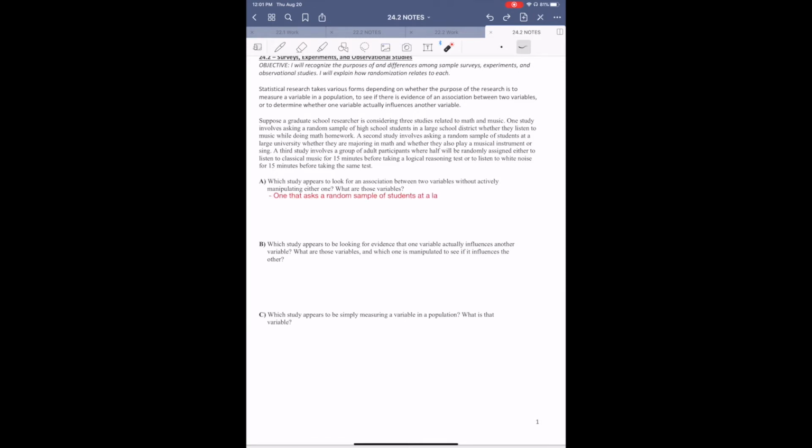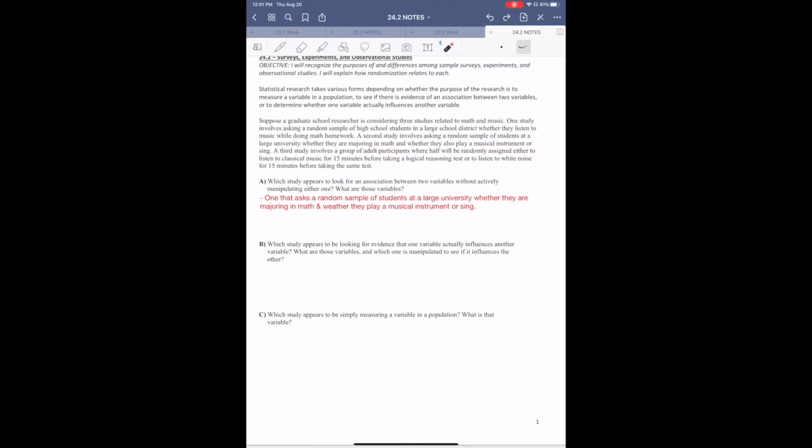So in this case, we're looking at one that asks a random sample of students at a large university whether they are majoring in math and whether they play a musical instrument or sing. Okay, so that would be the second study because we're just looking to see if they're majoring in math and if they play a musical instrument or not.